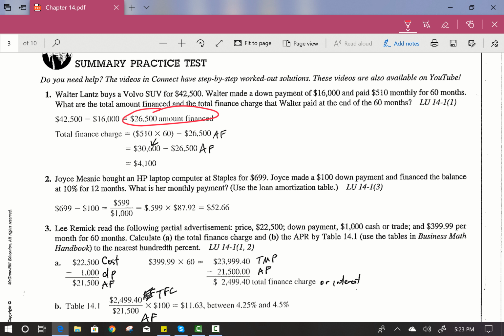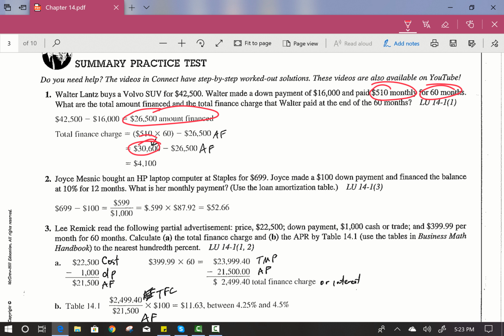$26,500. Now for our total finance charge, we know that we paid $510 monthly for 60 months. Multiply those two together and that will give you the interest and the principal payments that you made for the 60 months, so it's a total of all your monthly payments. I'm sorry, I did not say that correctly.